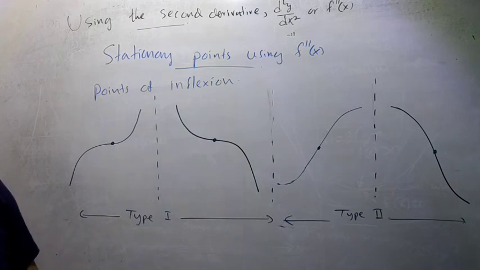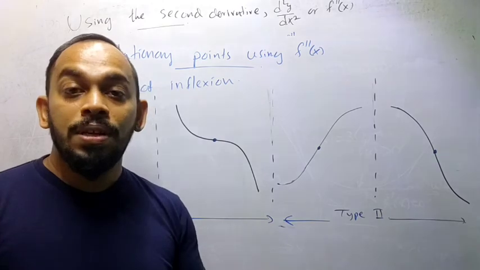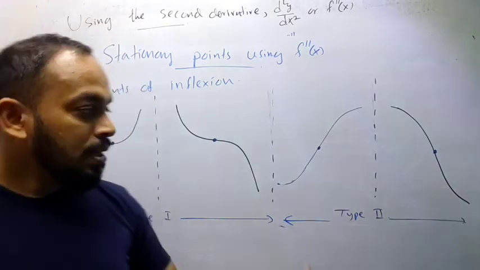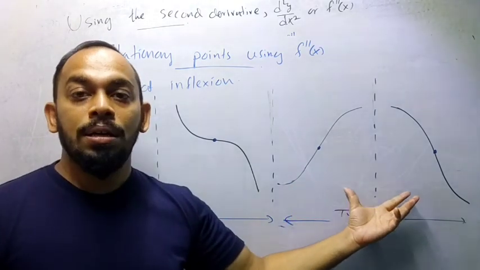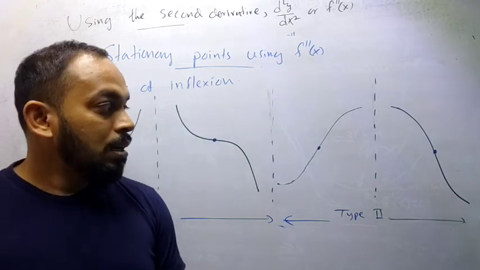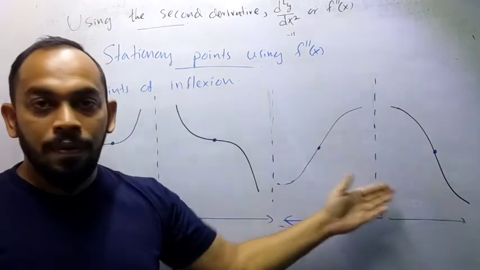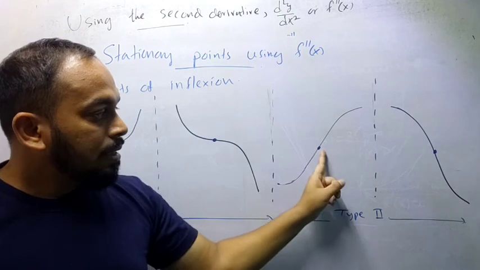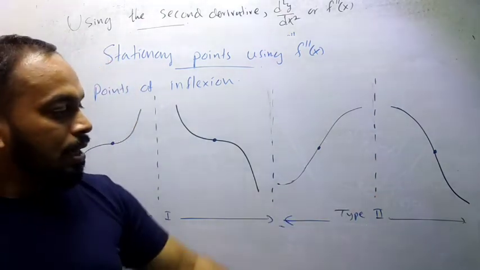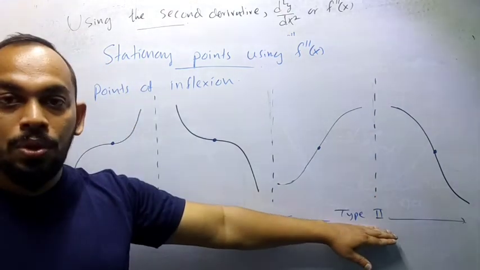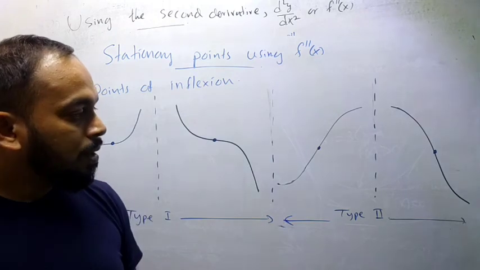Okay. Now there's another type of point of inflection where the first derivative is not equal to 0. Another type of inflection occurs here at these 2 points. That's why I classified it as type 2 inflections.